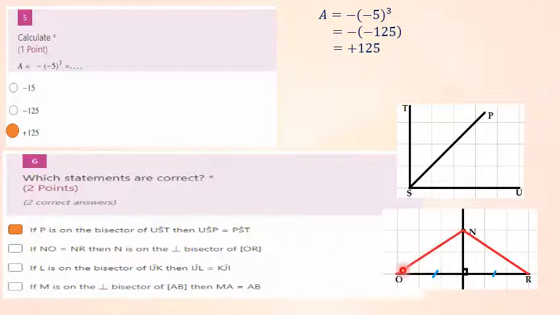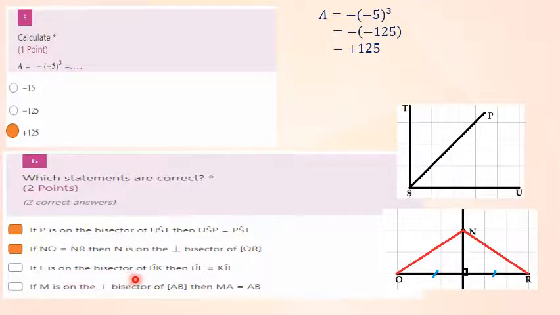If NO equals NR, this means that N is equidistant from O and R, so N belongs to the perpendicular bisector of OR. This statement is also true.